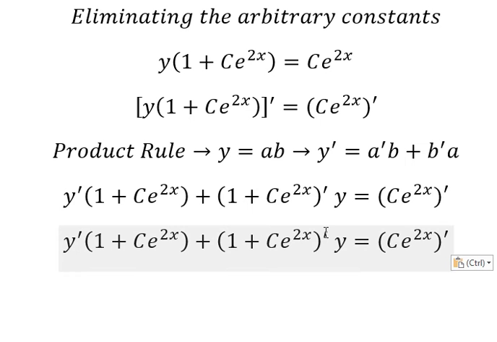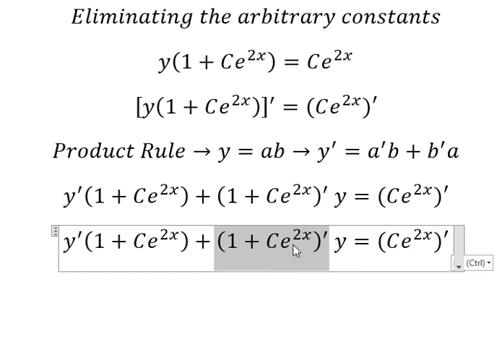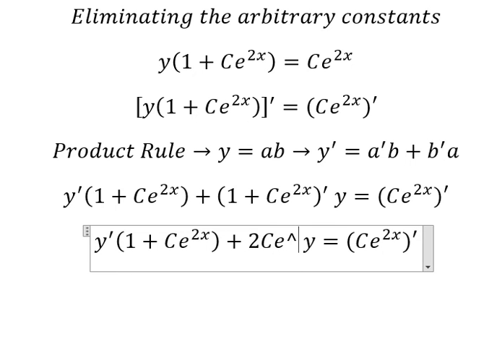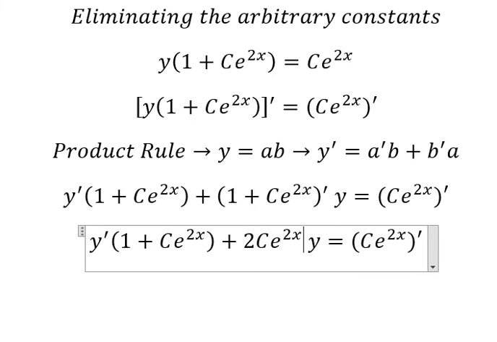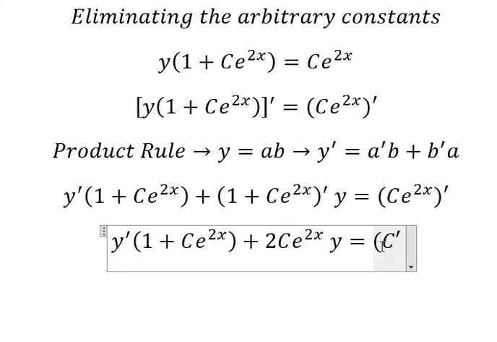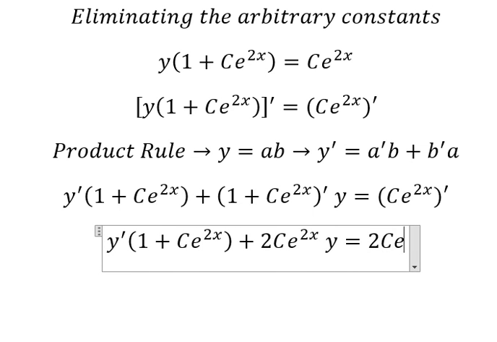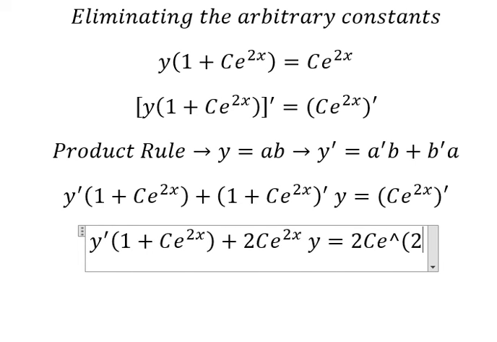So this one, if we simplify, we have 2ce to the power of 2x.